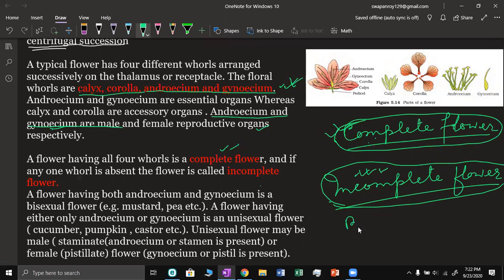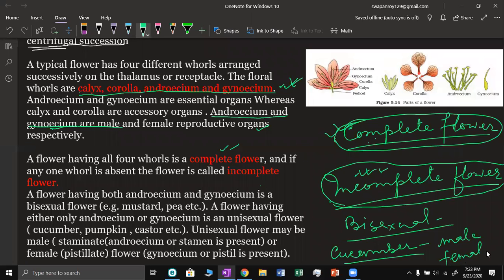That flower is bisexual also, meaning both the sex organs are present. In case of, say, cucumber or pumpkin, the flowers are either male or female. So these flowers are incomplete flowers and they are unisexual.